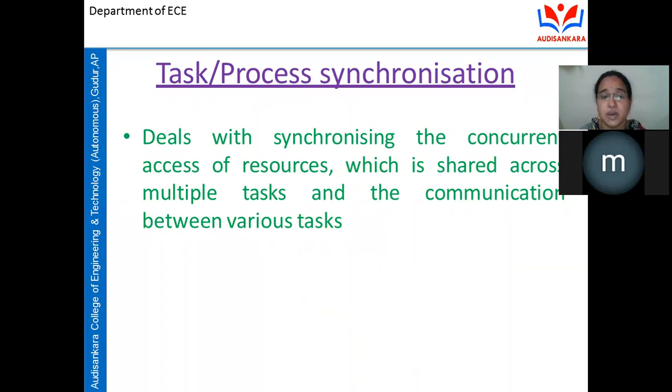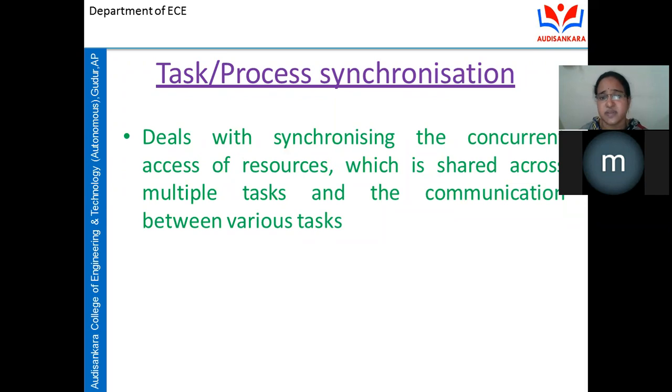Any system is a multi-processing system, and multiple tasks are under execution at the same time. When concurrent execution is going on, parallel execution is going on, multiple processes require the same resources, right? Multiple processes need to share the same resources.